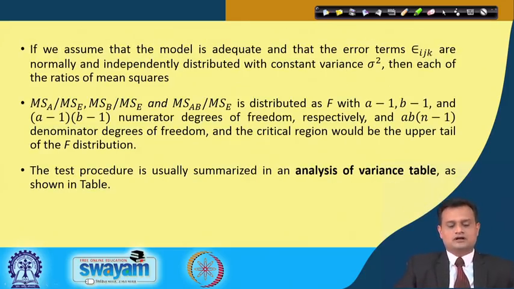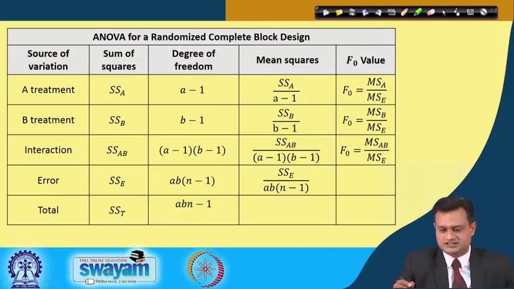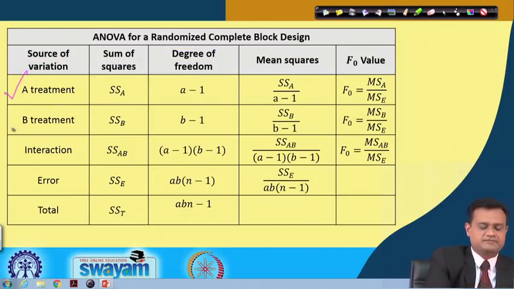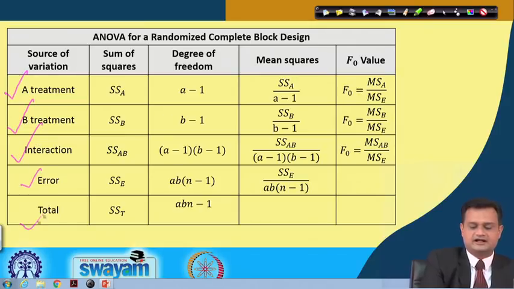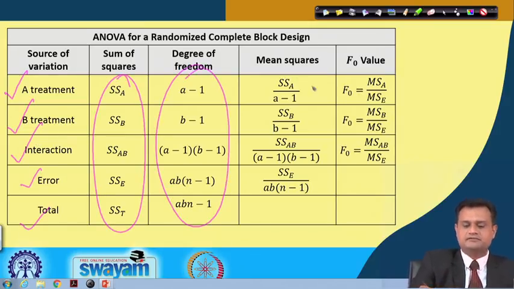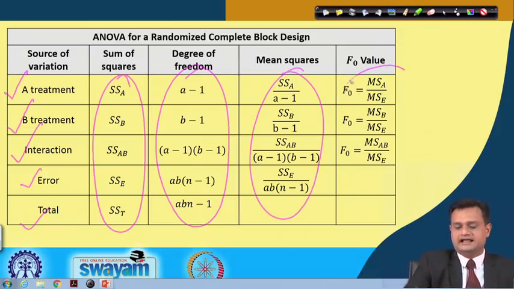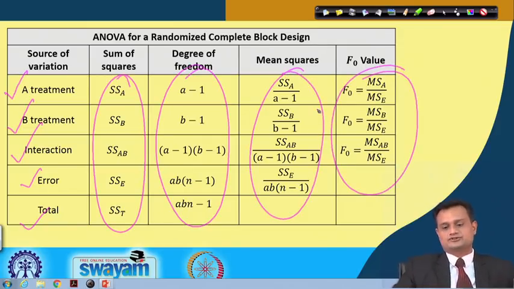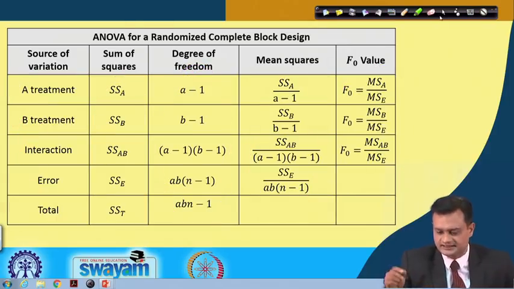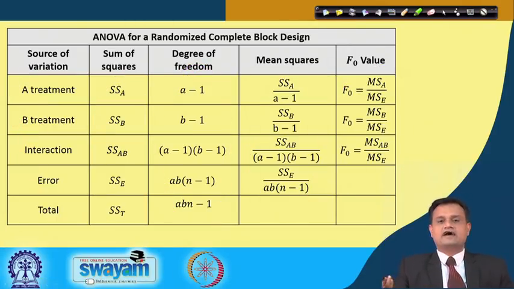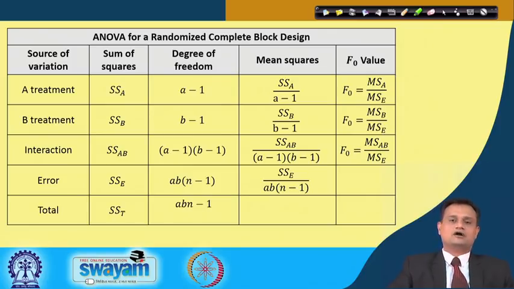So now if I look at my ANOVA table, then I have A treatment, B treatment, interaction, error and total. I have all the sum of square, I have degree of freedom, I have mean square, and I can find the F0 values.